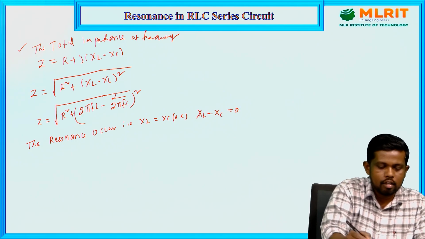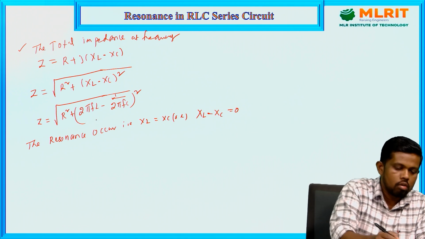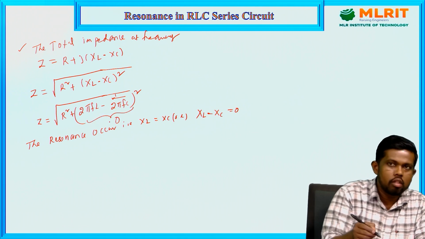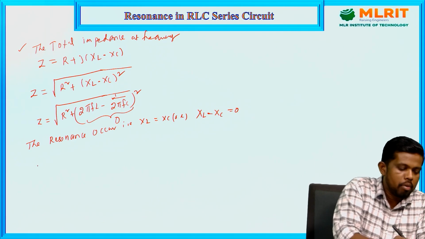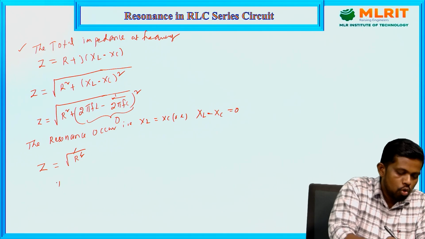Under this condition, both reactances get cancelled together, so the whole impedance offered by the network equals the square root of R squared only.